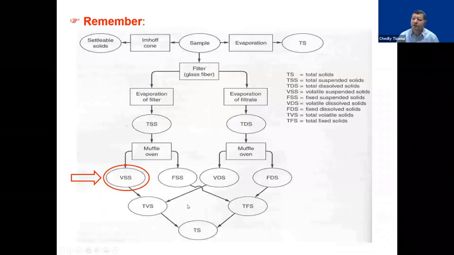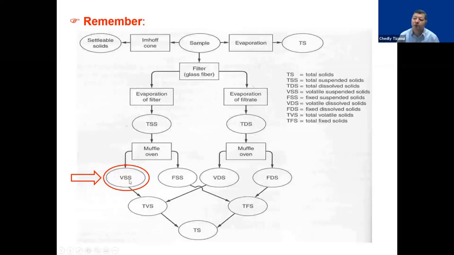Going back to the VSS, if you remember the various types of solids in wastewater, we need to do this type of experiments. We take a sample, we can evaporate it, we could use the Imhoff cone, or we could filter it. So if you filter your sample, and then you evaporate what you obtain on the top of the filter, that gives you the total suspended solids.